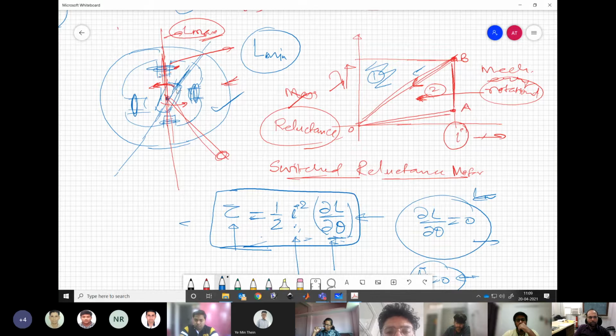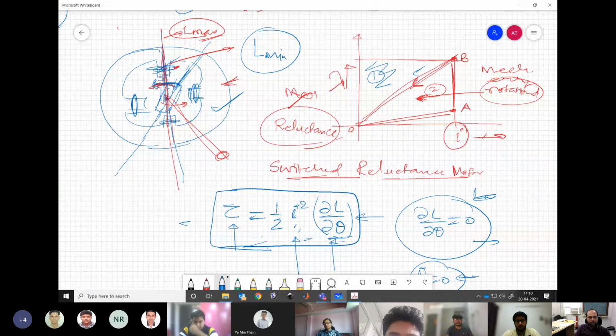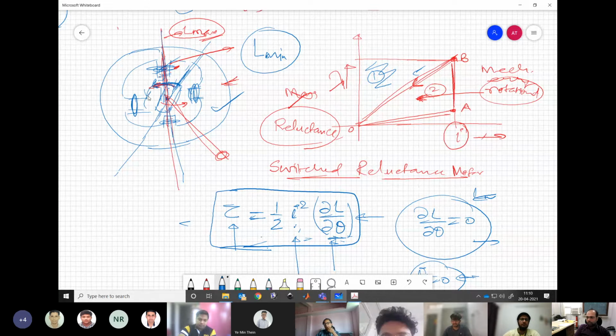If let us say this rotor is close to one of the magnetic poles and you are exciting that, it will have a tendency to go towards the lower reluctance path, which means go and align along this axis. Now what we do is we excite the coil, and the moment the rotor is about to align along this axis, we take off the excitation. So what will happen is the momentum this rotor has gained, it will keep on rotating with that.